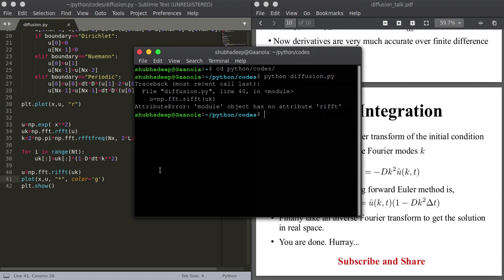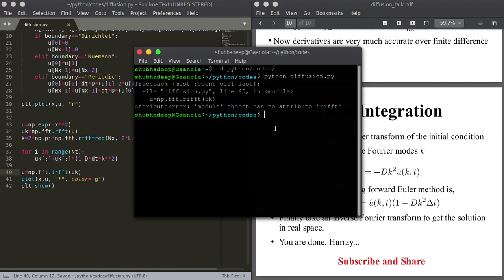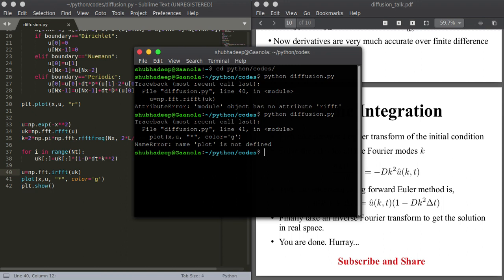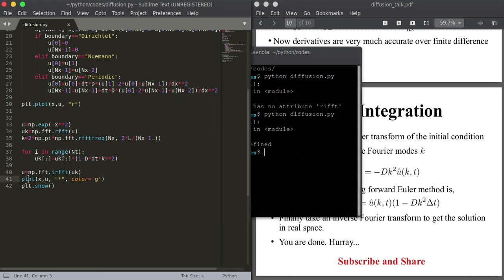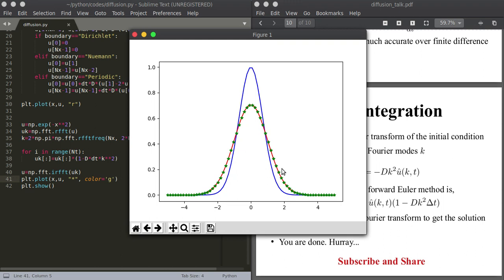Okay, it is telling that it should be irfft, sorry, and for that plot I need plt.plot. Sorry.